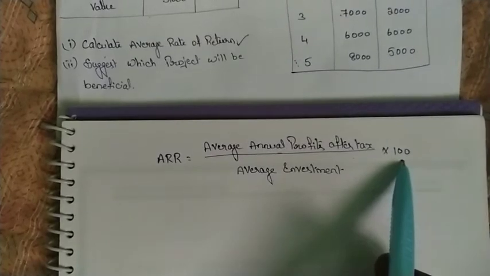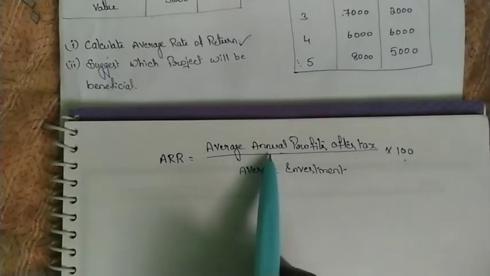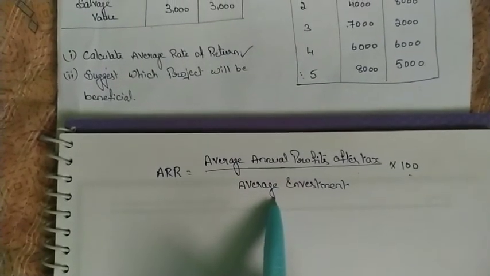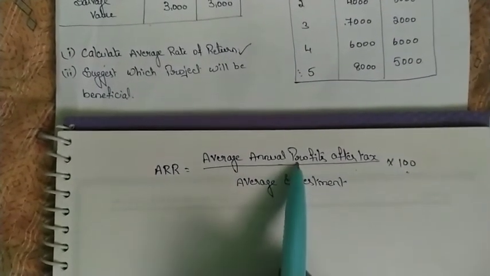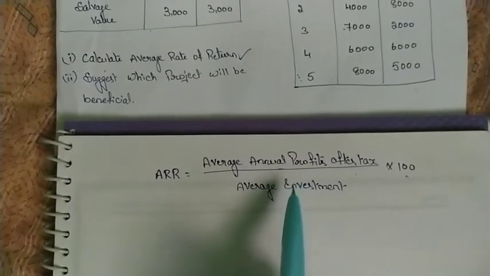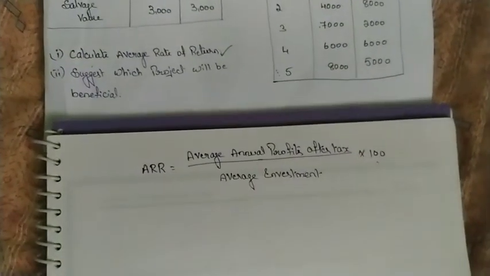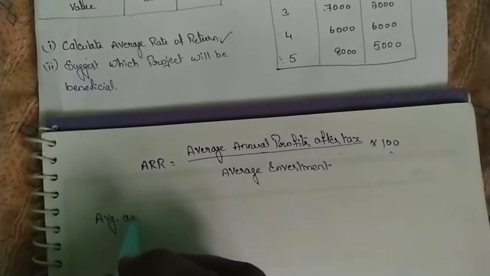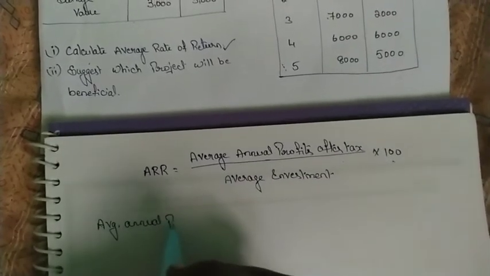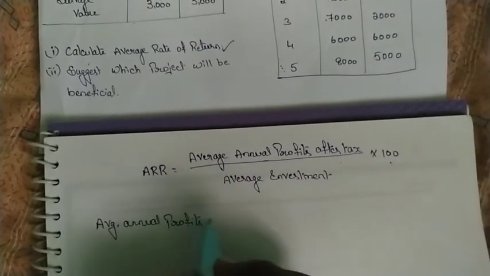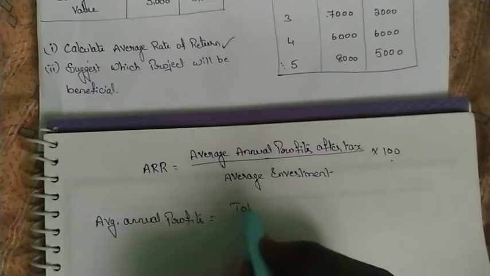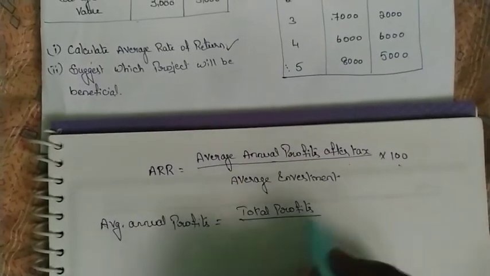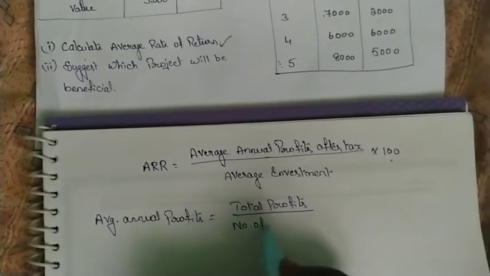Now a question arises: how do we calculate average annual profits after taxes and average investment? There is a separate formula for each. First, the formula for average annual profits is total profits divided by number of years.